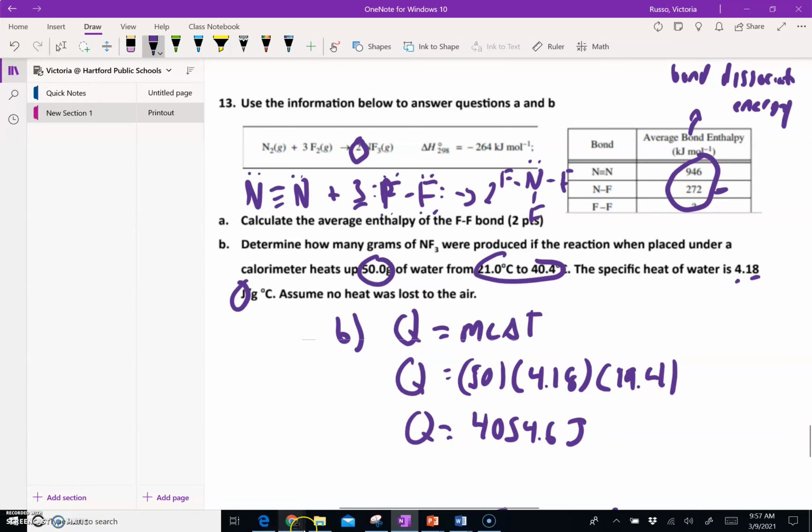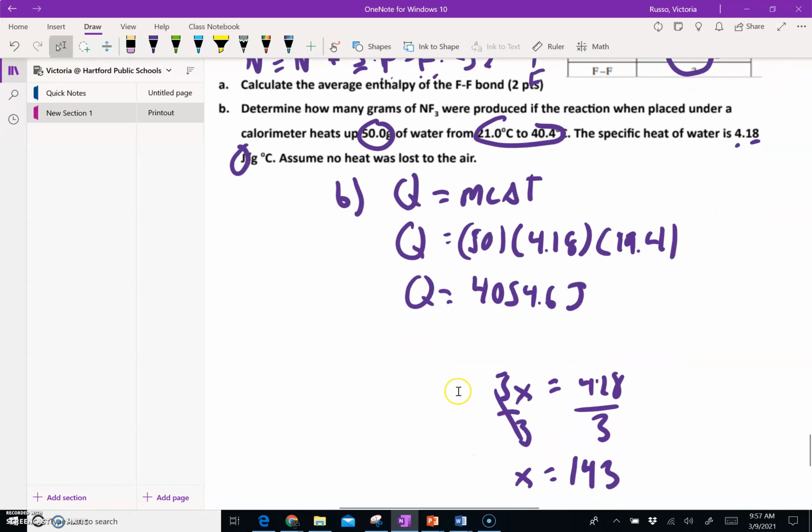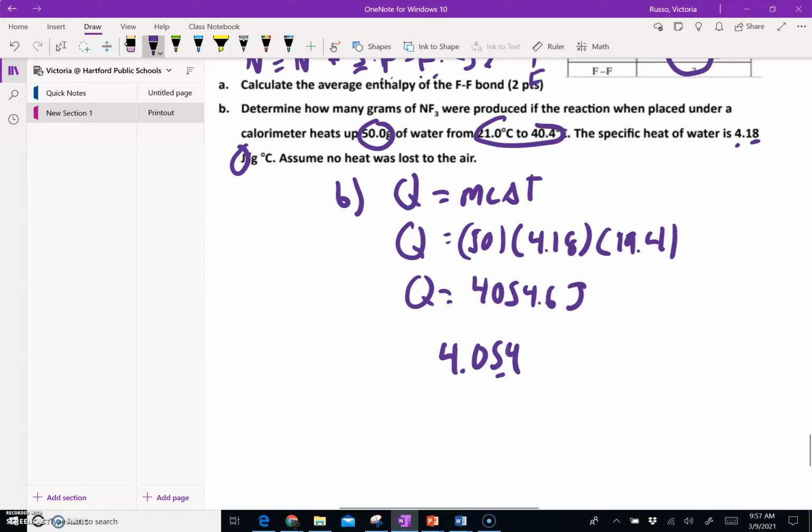Because we're going to be using this value here, we need to convert it to kilojoules. Let me erase this stuff from the previous problem. When we convert this to kilojoules, we move the decimal place 3 places, or divide by 1,000, so that is 4.0546 kilojoules.